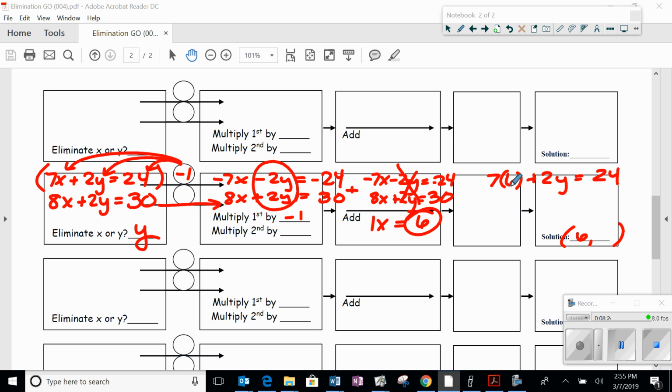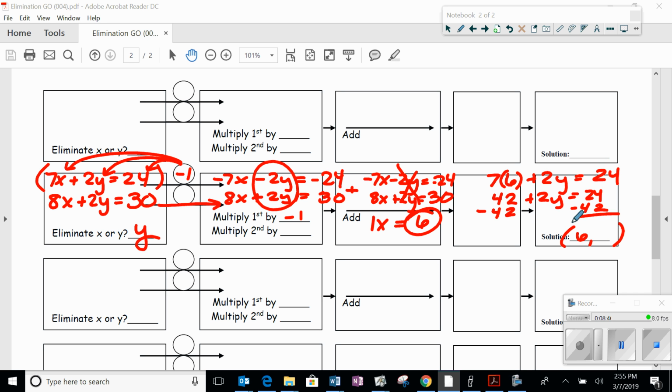What is 7 times 6? 42 plus 2y equals 24. We're going to subtract 42. What is 24 minus 42?